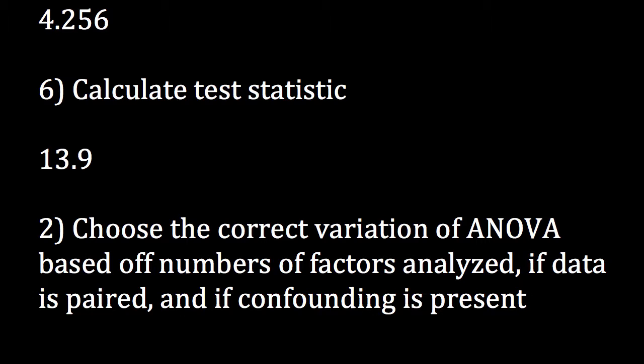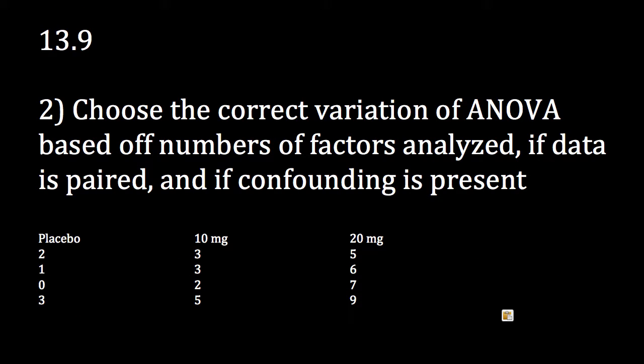So first, let's talk about the numbers of factors analyzed. This is our example we were talking about. The only factor we're analyzing here is just the effect of the drug.